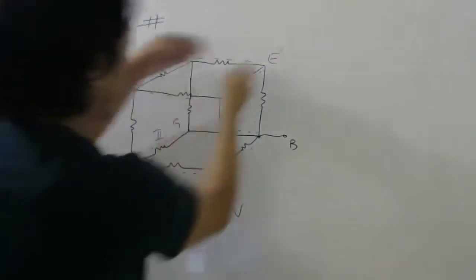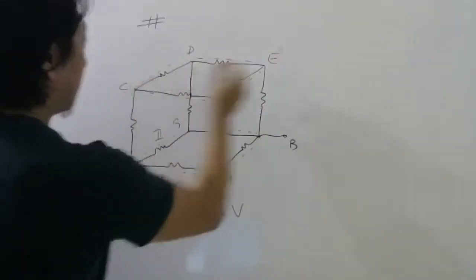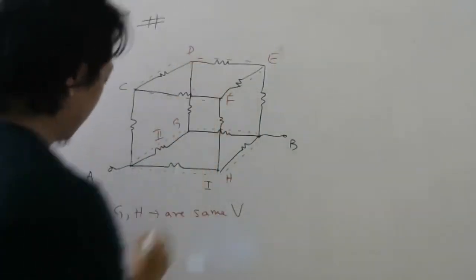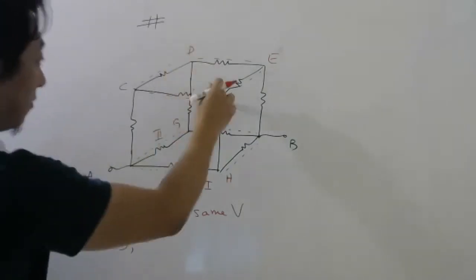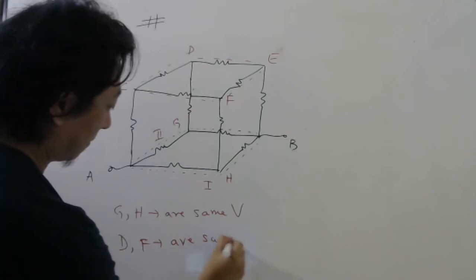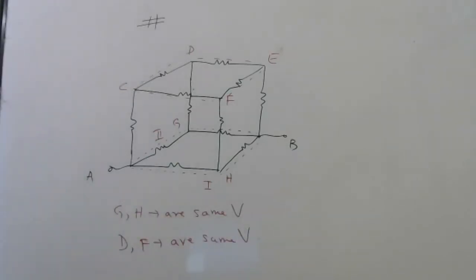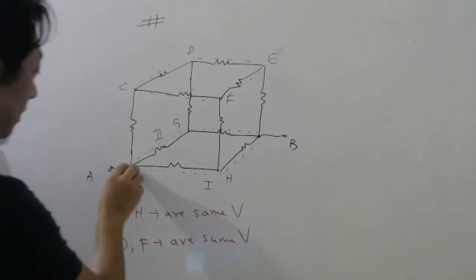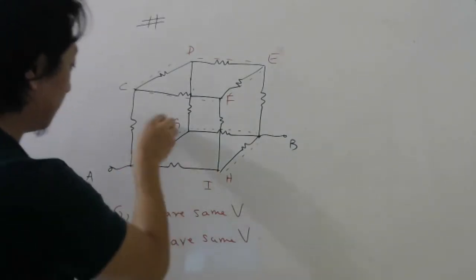Those two paths are equivalent. So these 2 points D comma E, D comma F are at the same potential. So this is what we have to first find. Once we know they are at the same potential, then see what I can do.